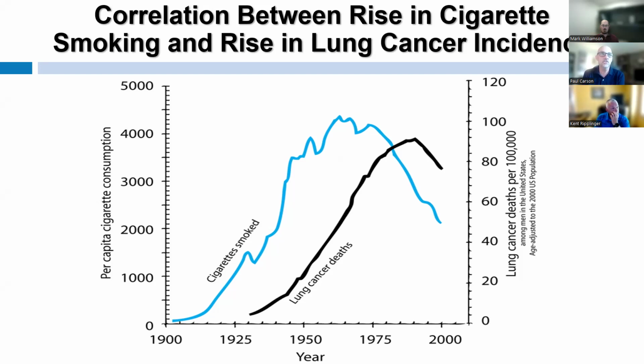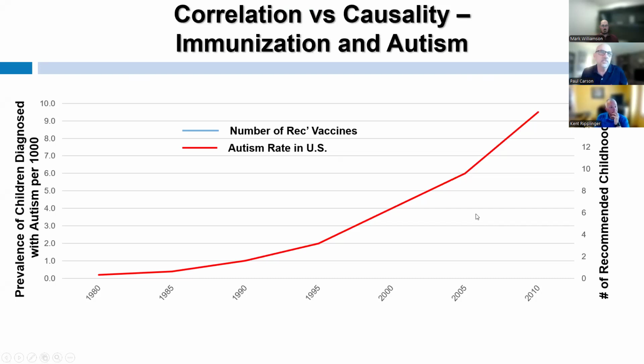Very tight correlation. It raised the question, are cigarettes causing lung cancer? But this is correlational research. It's only getting us part way up that hierarchy of evidence. I'll give you some examples of why we have to be careful of these correlational studies.